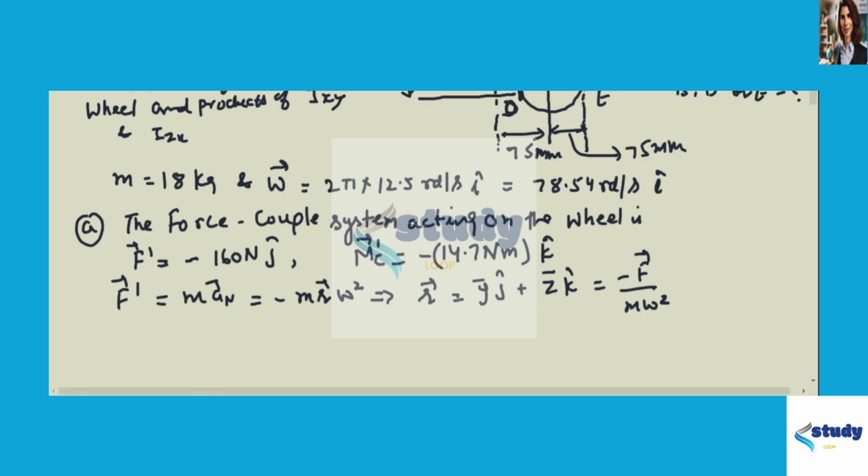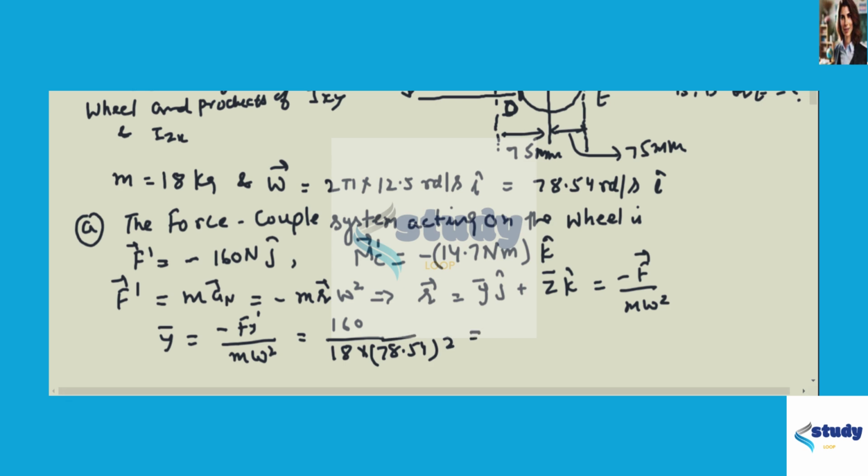So the y coordinate of the center of mass will be minus Fy upon M omega square, Fy having the value minus 160, upon M, mass is 18, omega is 78.54 whole square.